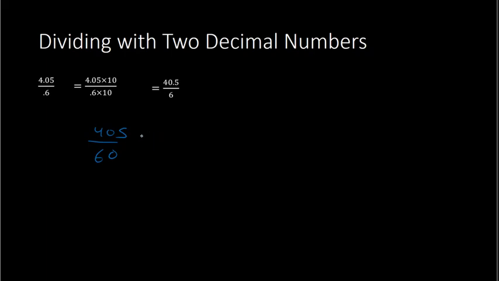So if that's easier for you, you could do that as well. But you only need to get rid of the decimal in one of them. So we have 40.5 divided by 6, and we went through that in the last slide, and we would get 6.75 as our solution.